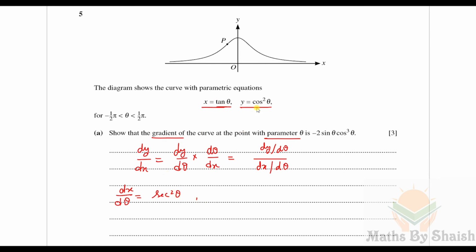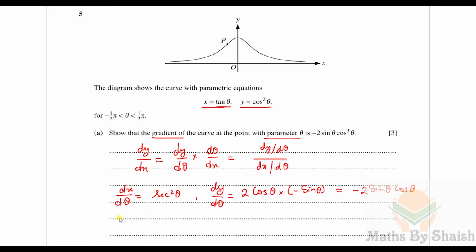And from y, dy over d theta: it is cos square theta, so differentiation is 2 times cos theta, chain rule, and into the differentiation of cos, that is minus sin theta. So it becomes minus 2 sin theta cos theta.